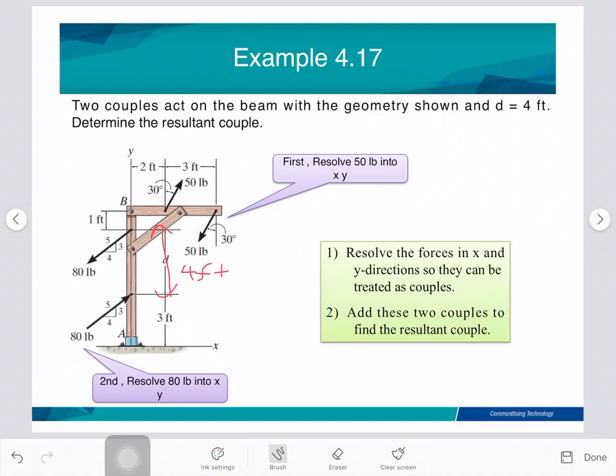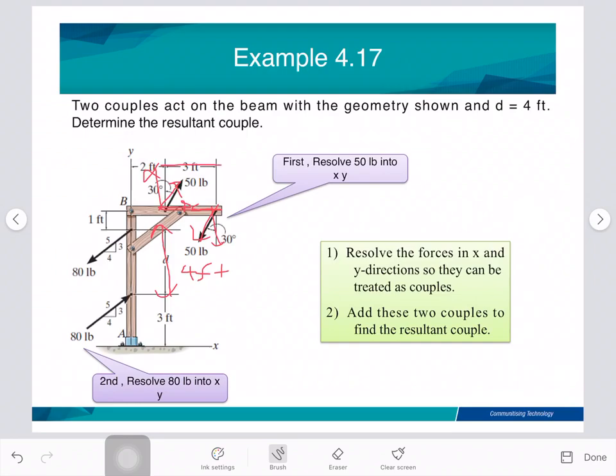Okay, now we have two parallel forces here. This is coplanar. So if we have coplanar, we need to resolve into vertical and also horizontal. Based on this vertical and horizontal, you need to choose which force can create moment.